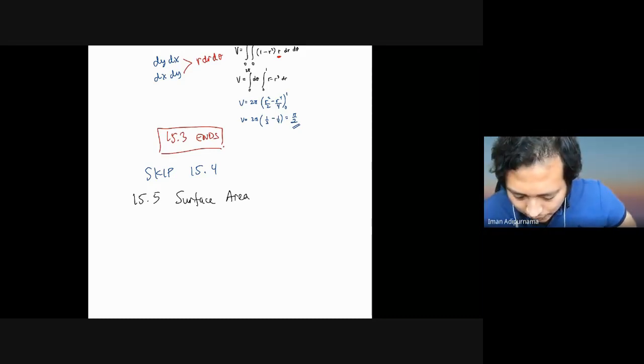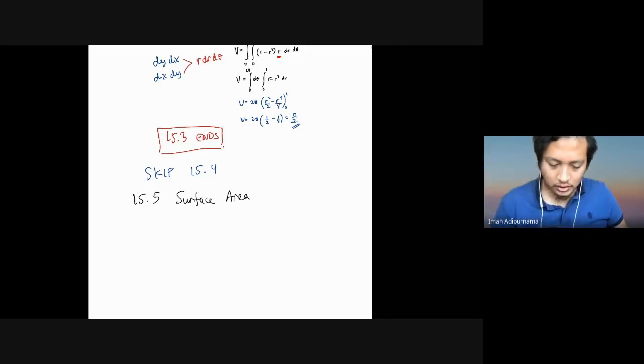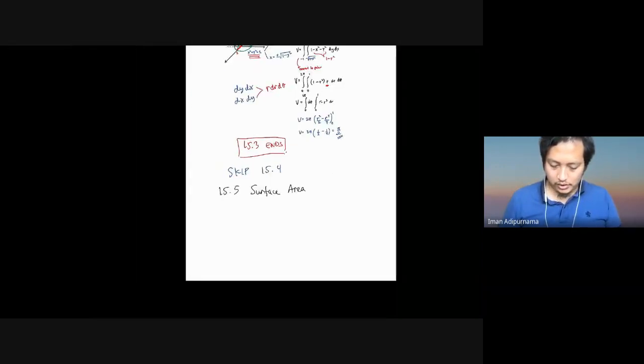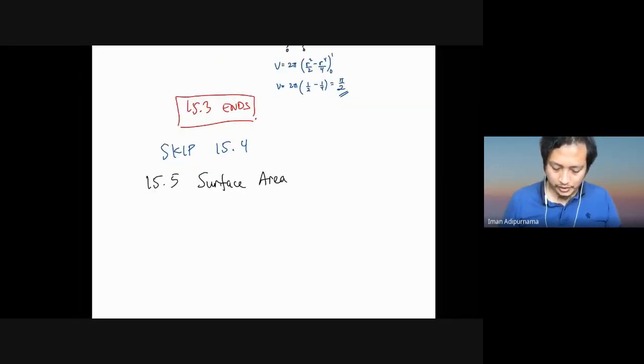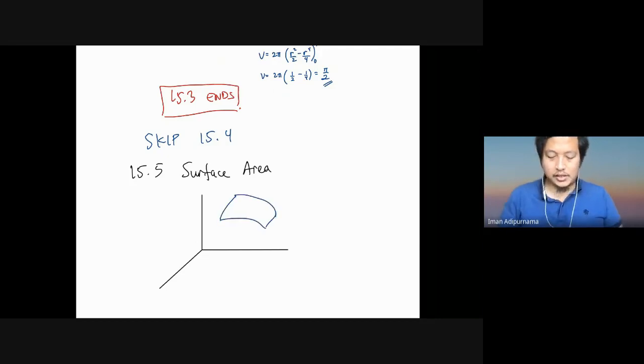Let me check if I have it now. Oh, I think I haven't. Okay, let's start building the foundation of the surface area here. Let's say we have the surface. Let's just say that this is a random surface.